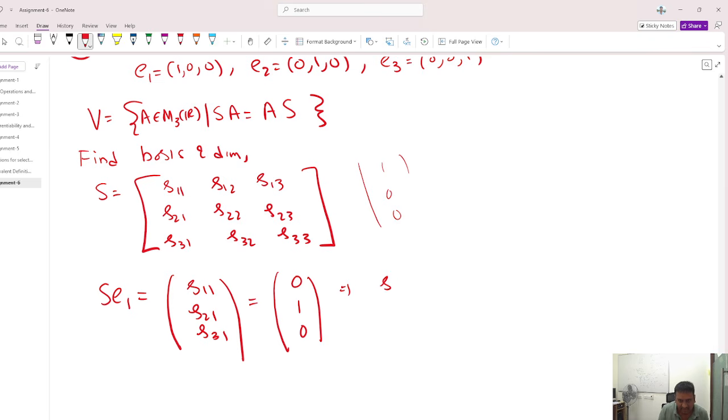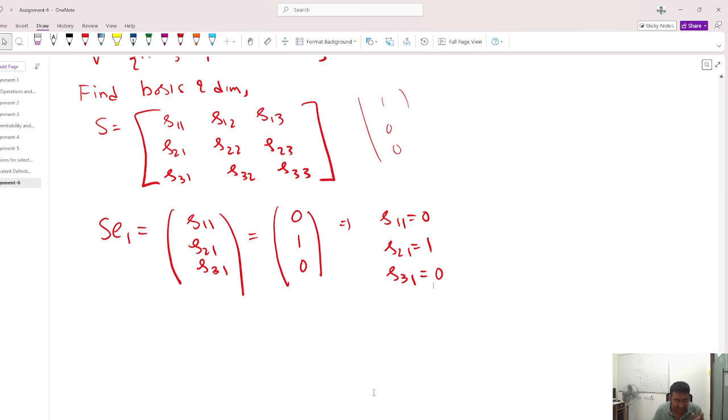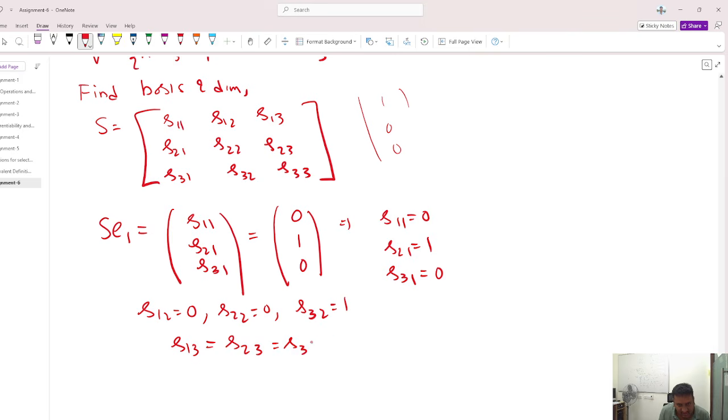So S11 is 0, S21 is 1, S31 is 0. Similarly, you check the other conditions that sir has given. You will get S12 is 0, S22 is 0, S32 is 1. And you will get S13 equal to S23 equal to S33 equal to 0.